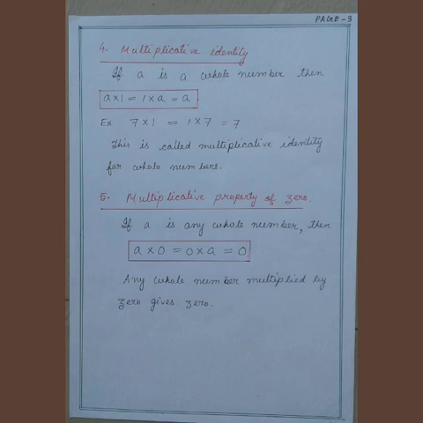This is called multiplicative identity for whole numbers. Property number 5, multiplicative property of 0. If A is any whole number, then A into 0 is equal to 0 into A is equal to 0. That means if we multiply any whole number by 0, the result is 0.